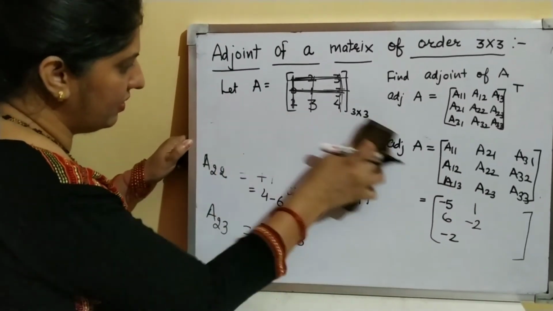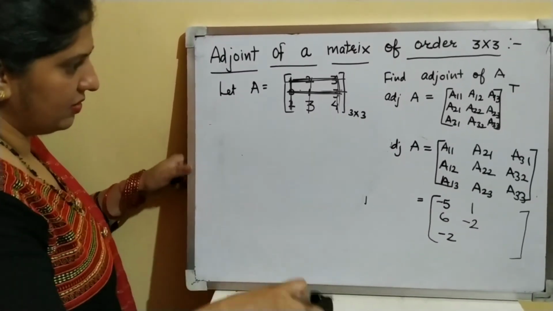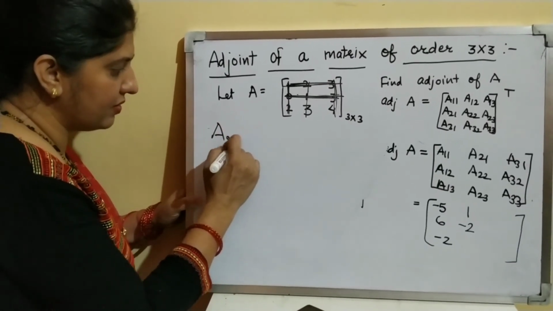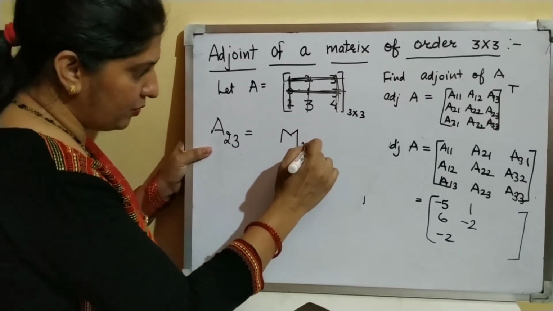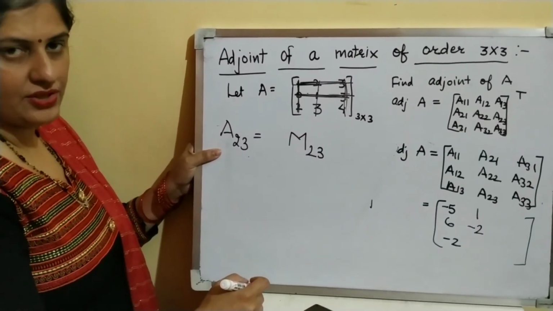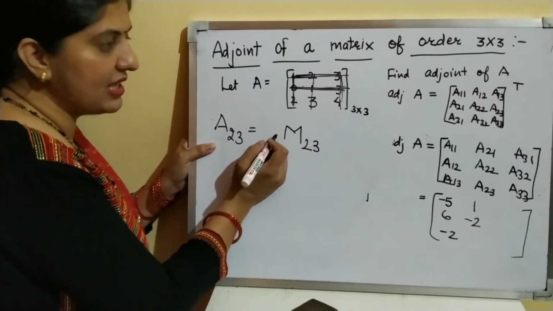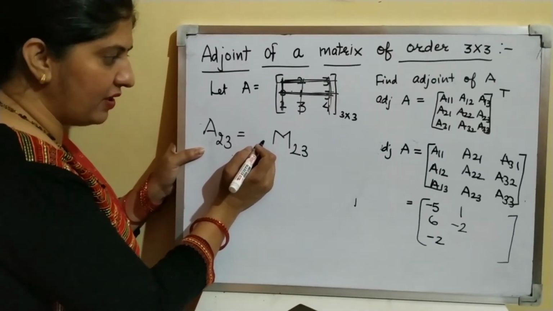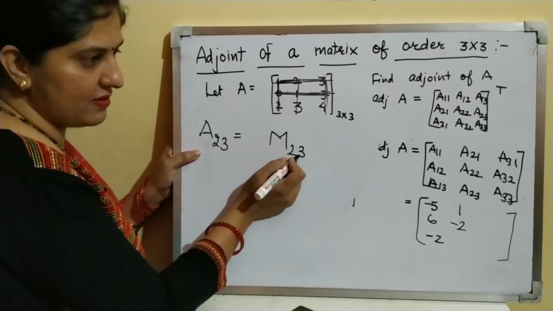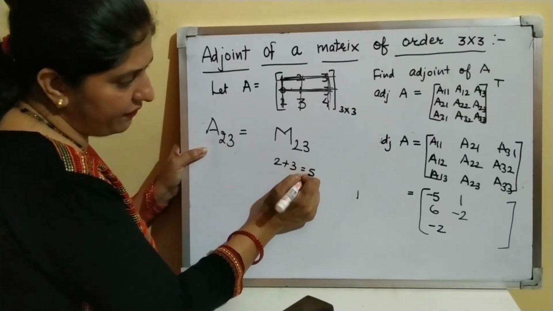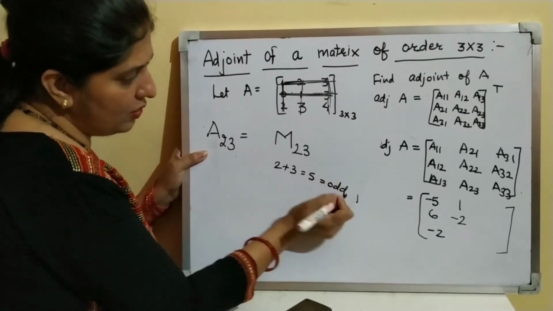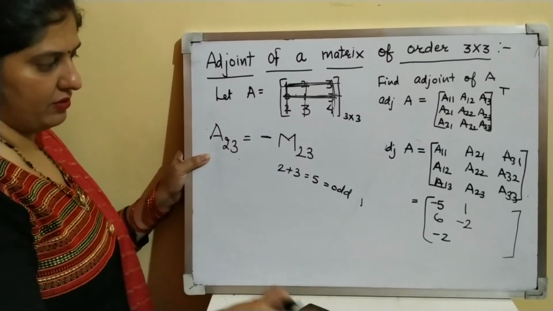In the same way, calculate A23. It is also equal to the minor of the corresponding element, but you have to take the sign positive or negative according to the sum of the suffixes. The sum of the suffixes is 5. 5 is odd, so the sign will be negative.